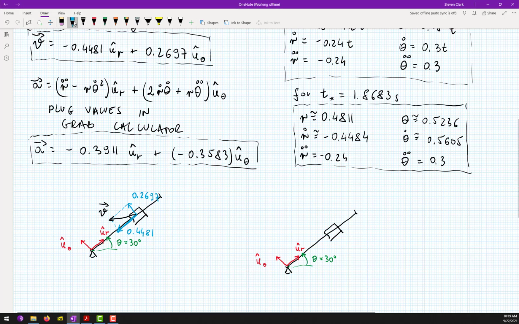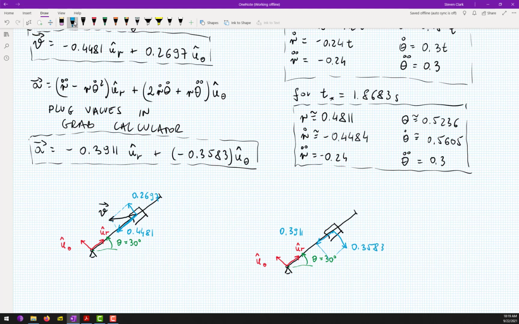Acceleration. I believe that we have a negative value along the r. This will be 0.3911, and we also have a negative value along theta, approximately the same length, 0.3583.